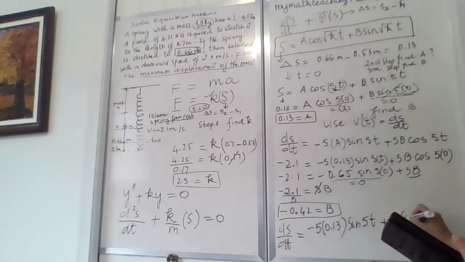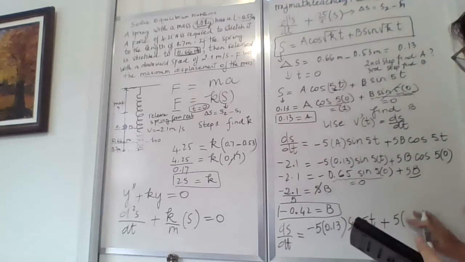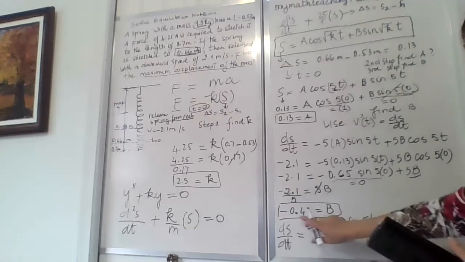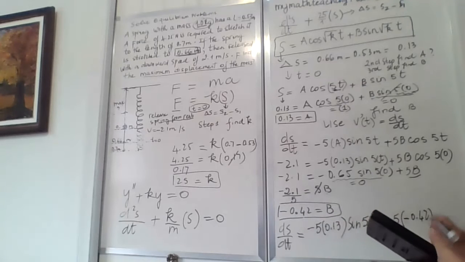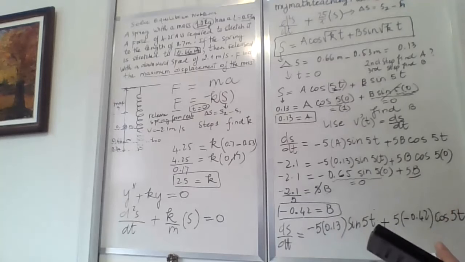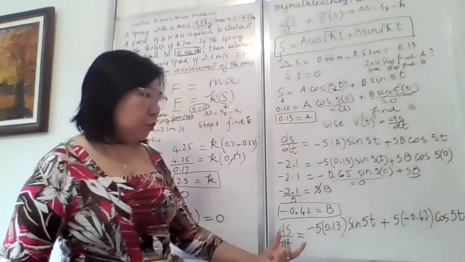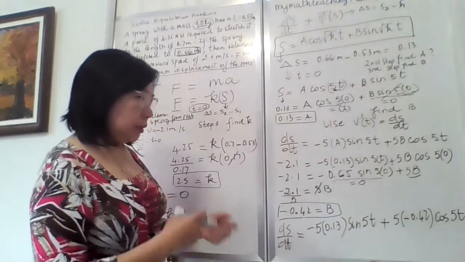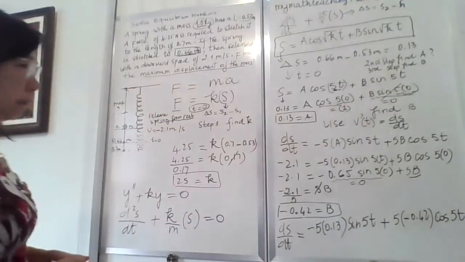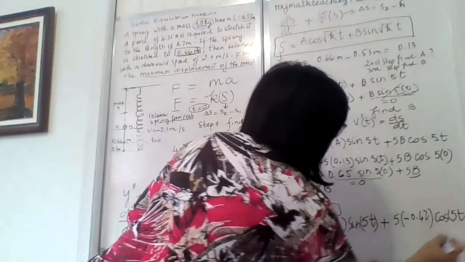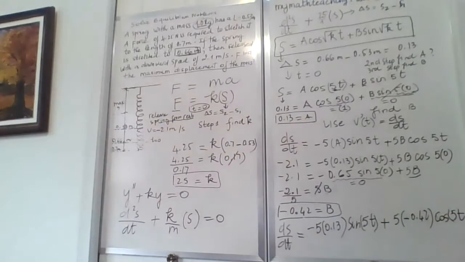Actually minus 0.42 b, and b is this number. So we substitute that, right? Cos of phi t. Okay, so if we solve our velocity equation, we will get the angle of phi t. Remember, this just represents the angle, right? Phi t represents the angle theta.